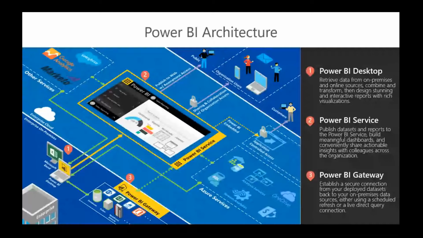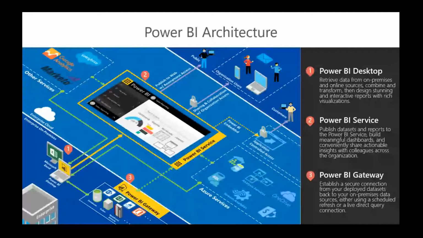Not to say that people can't wear multiple hats, many do, but in theory, that's one part of the process. The next part of the process is report authoring, where someone would use that data model that was created by the data modeler and start to create a story to support the business need, creating visuals, interactions, and so on.